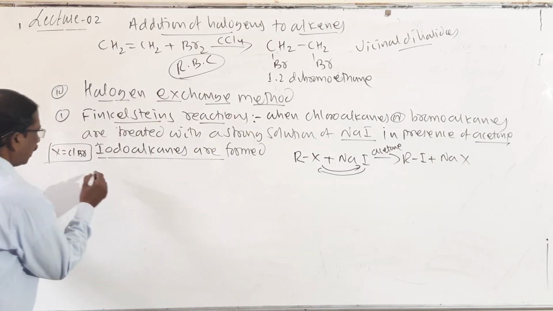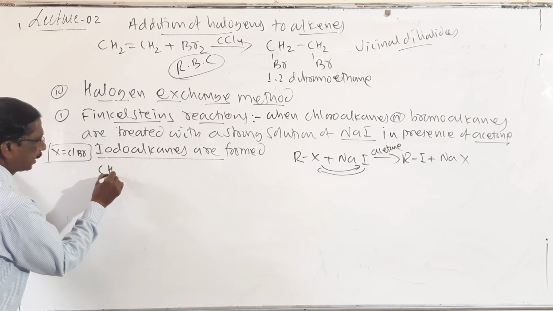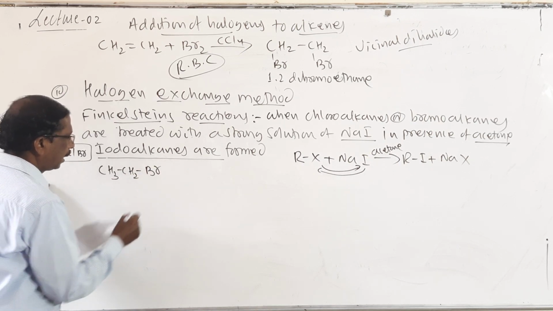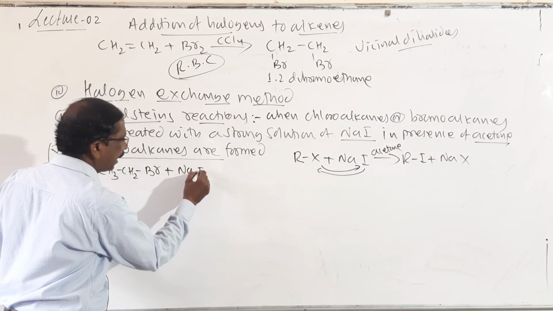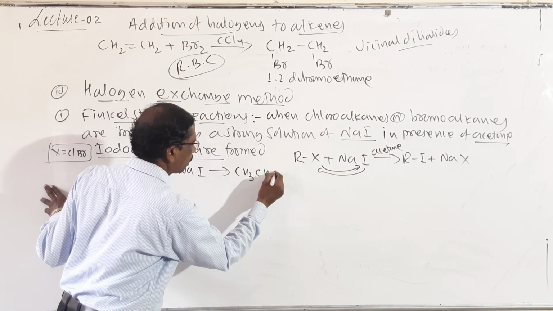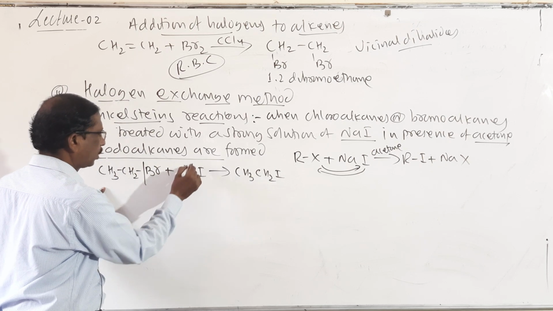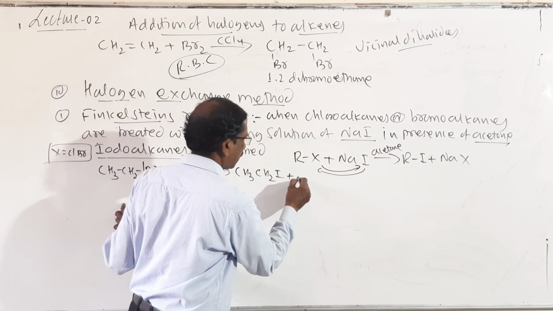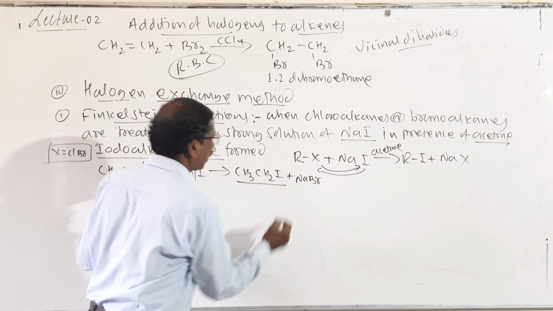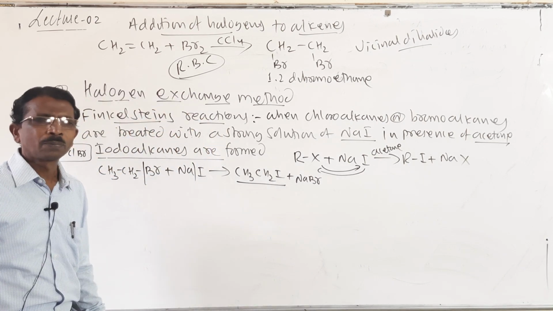You may write an example also: CH3CH2Br or Cl plus NaI forms CH3CH2I, so a halogen exchange takes place, plus NaBr. This is called iodoalkane.